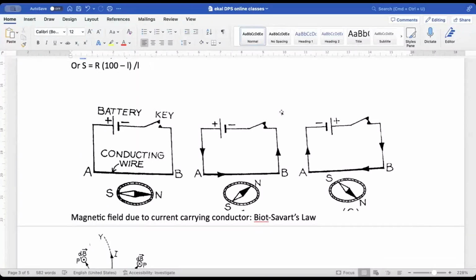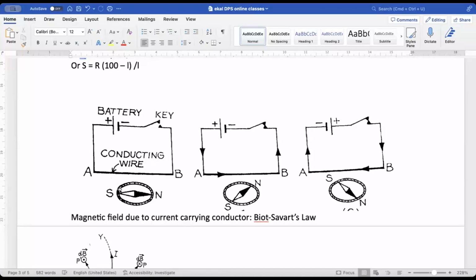So Oersted, while explaining the current carrying conductor, let AB be the current carrying conducting wire, which is connected to the poles of a battery through a key, as we can see in the first figure. The wire is kept above a magnetic needle, parallel to it, in the north-south direction.